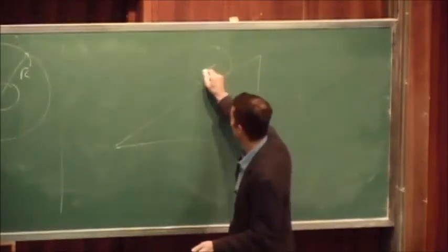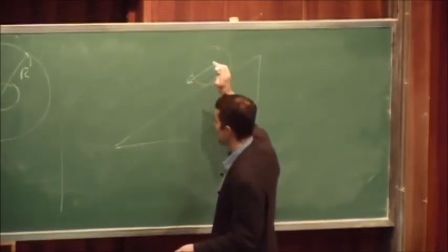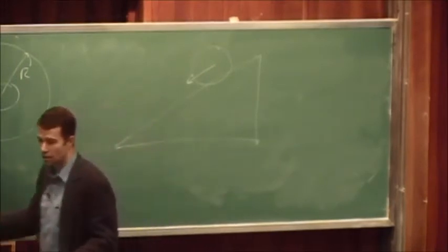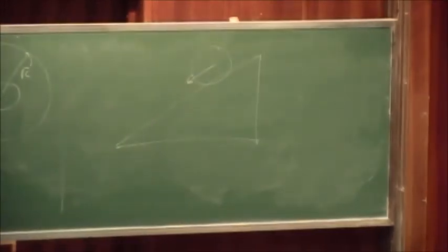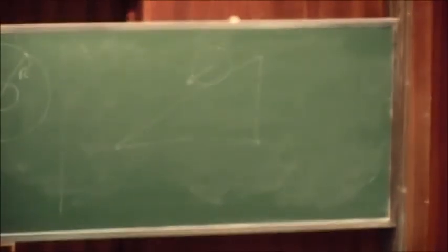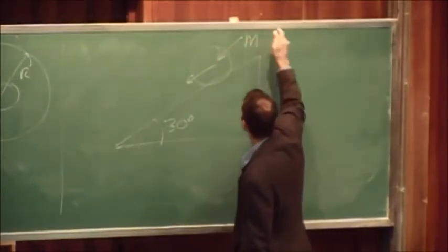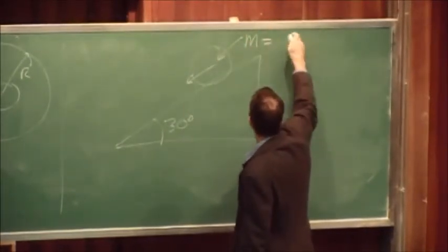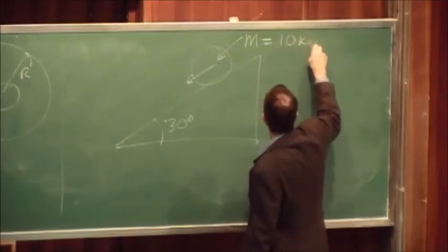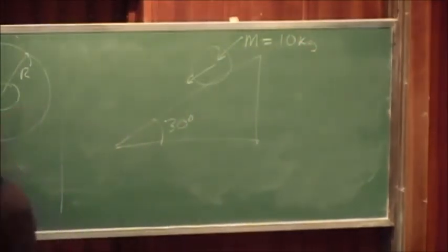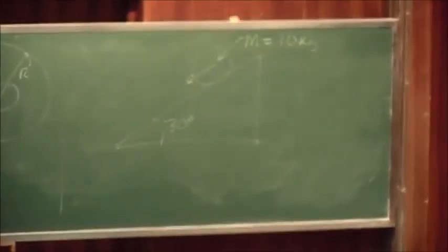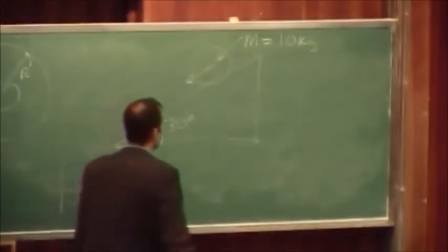What we're looking for is the velocity. Let me give you some parameters here. This angle is 30 degrees. The mass of this object is 10 kilograms. And we're assuming that it's a sphere.